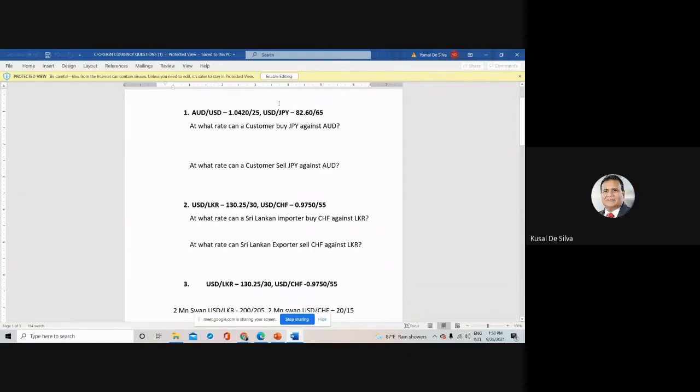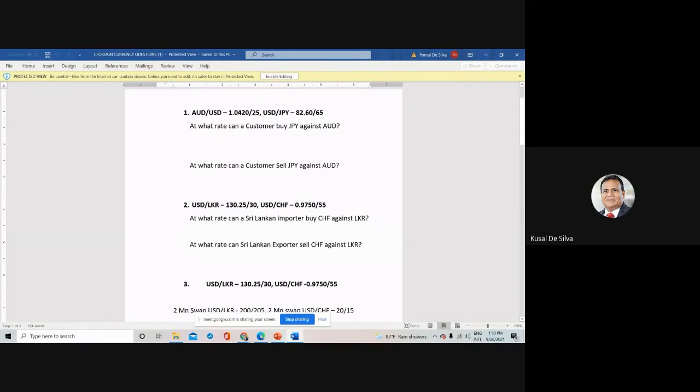Always, the bank buys the base currency, and anything to do with the base currency uses the bid rate. Then the bank will buy the quoted currency using the offer rate. You understood the opposite. This is the rate where the bank will buy.